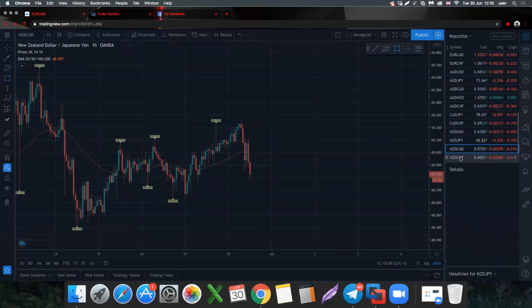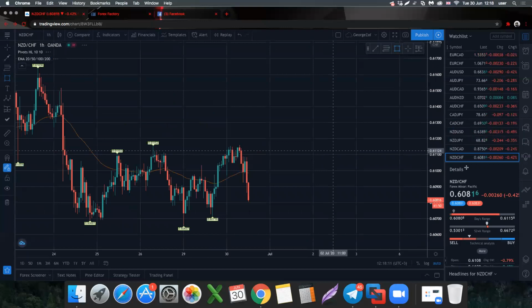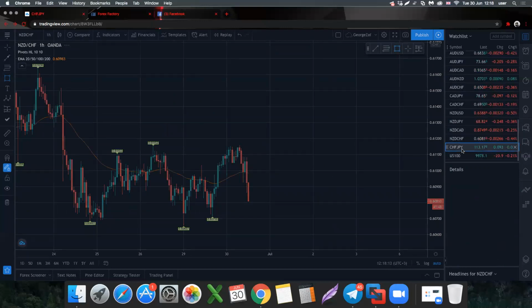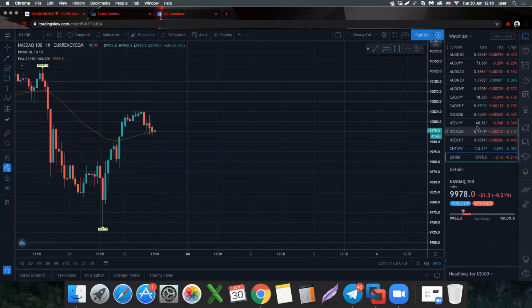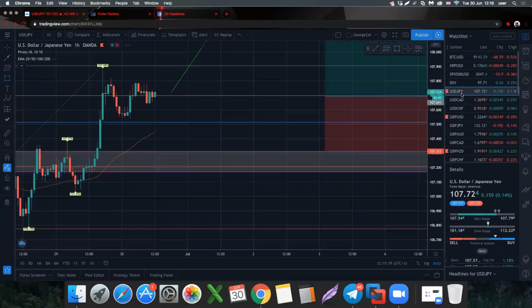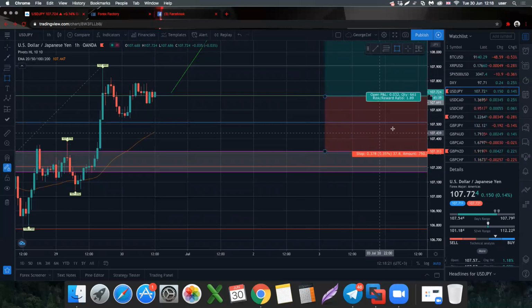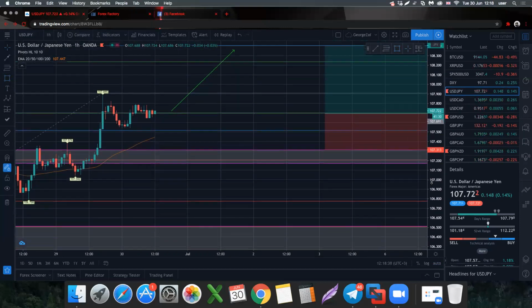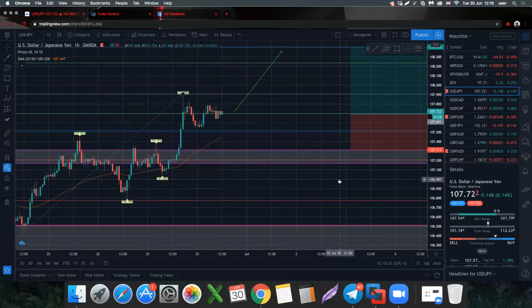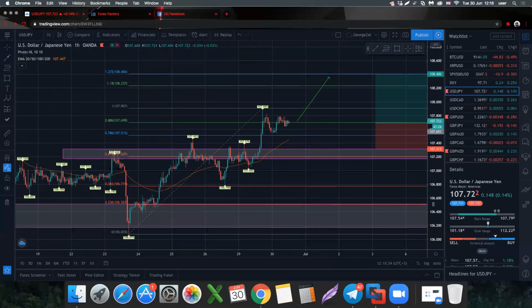NZD JPY, NZD CAD, CHF JPY. Okay, now we have 3 pairs. I didn't get in here, but we marked it. Check this out later, what is going to happen with this.